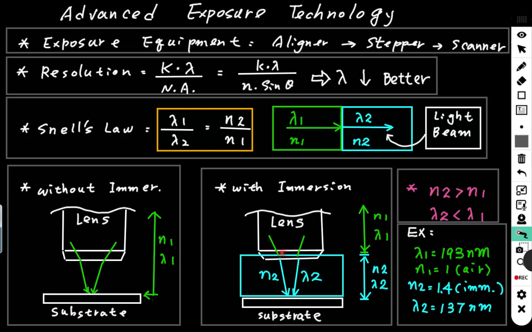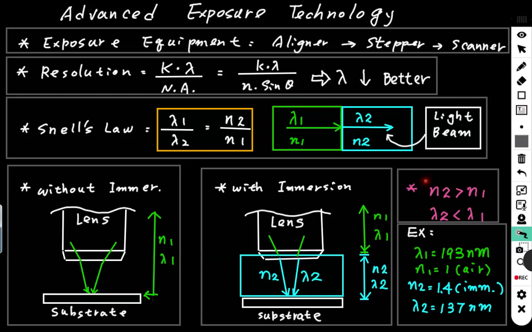So we make the light beam's lambda 1 wavelength become a smaller lambda 2 wavelength, and we can increase its resolution. This is the N1, lambda 1 area, and this is the N2, lambda 2 area. It has smaller and shorter wavelengths to the subject.